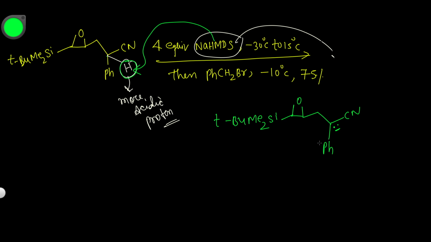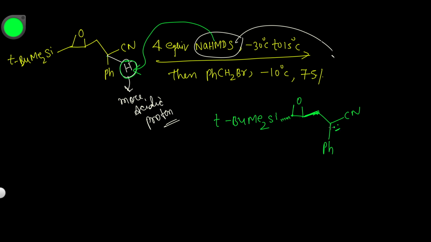We can also talk about the stereochemistry here, right? Actually this group is below the plane and this group is above the plane. So let me show you. This is below the plane, and this is above the plane, right?